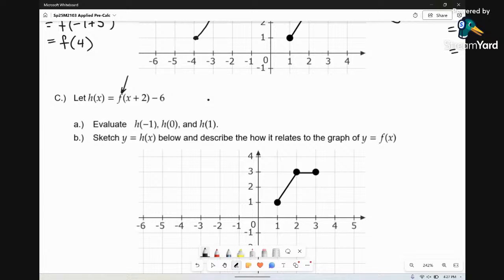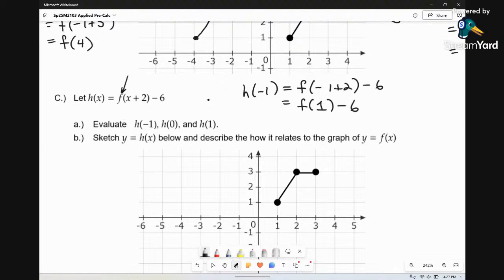Okay, so if I sub in h of -1, h of -1 says f of -1 plus 2, then -6. So this is f of 1 minus 6.